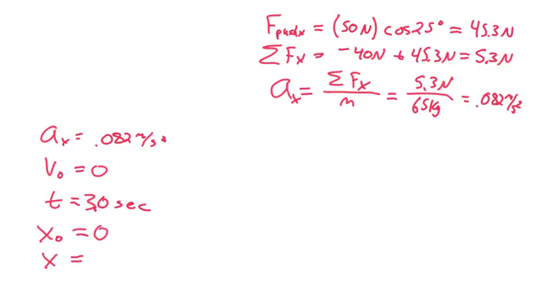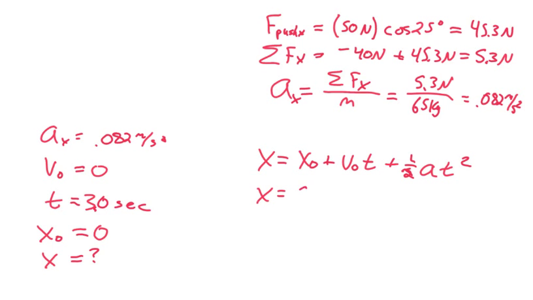Now, looking at my equation sheet for AP Physics, there's only one equation that has the right combination of variables here, and that would be x equals x naught plus v naught t plus 1/2 a t squared.